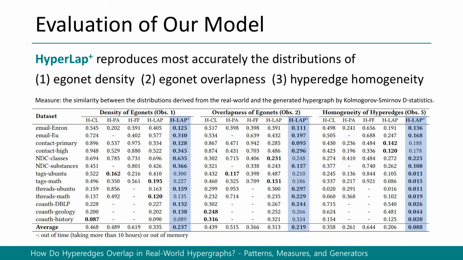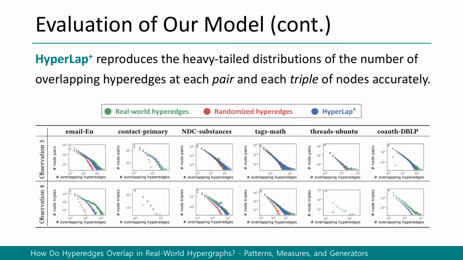HyperLap Plus most accurately reproduces the distributions of egonet density, egonet overlapness, and hyperedge homogeneity. In other words, the distance between the distributions of real-world hypergraphs and those of the generated hypergraphs is the lowest in HyperLap Plus. HyperLap Plus also accurately reproduces the heavy-tailed distributions of the number of overlapping hyperedges at each pair and each triple of nodes.